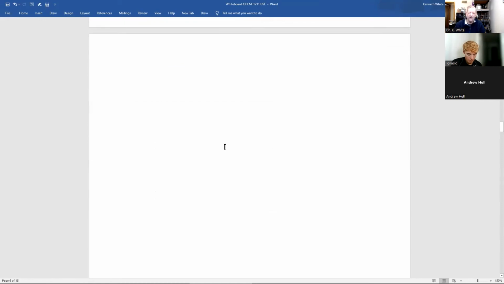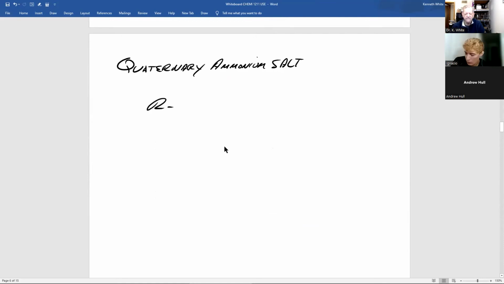That's my favorite, quaternary ammonium salts. Now, I'm always going to stick to the anion being a halogen. So how do you name this?